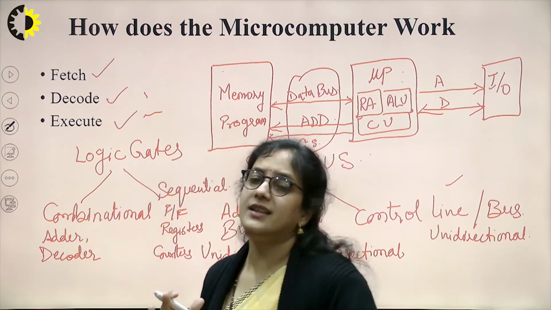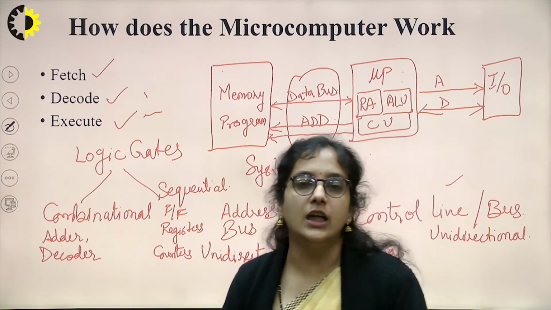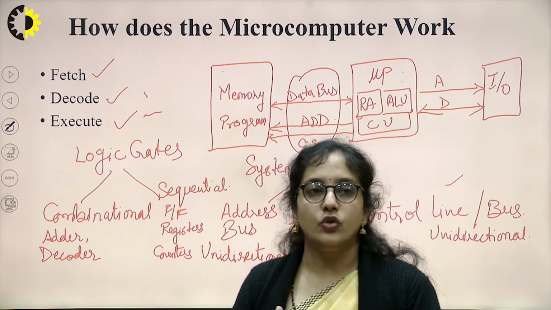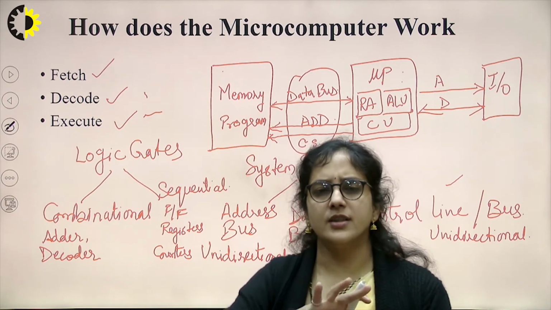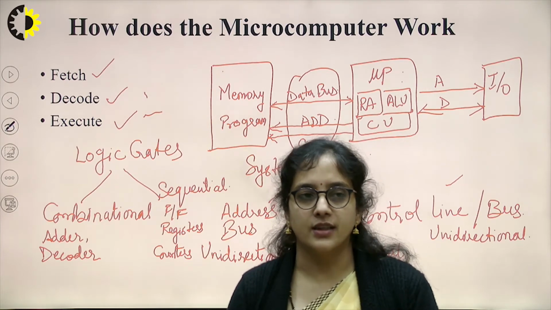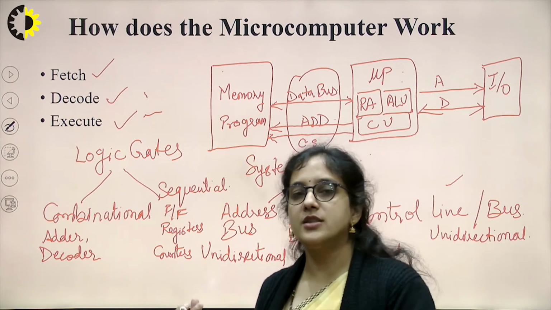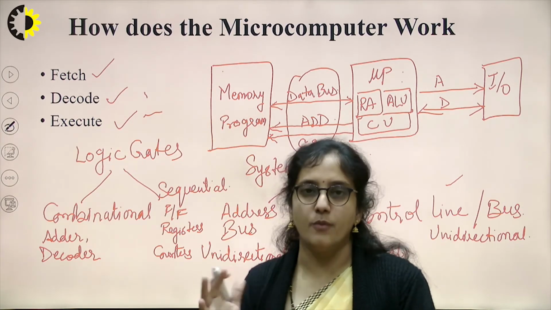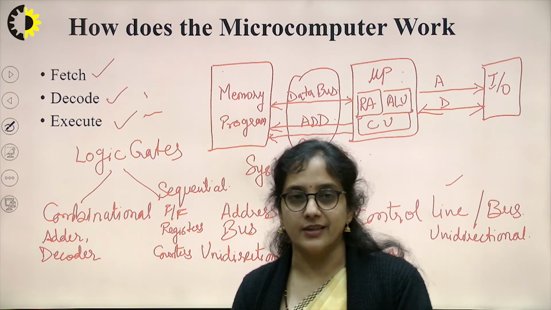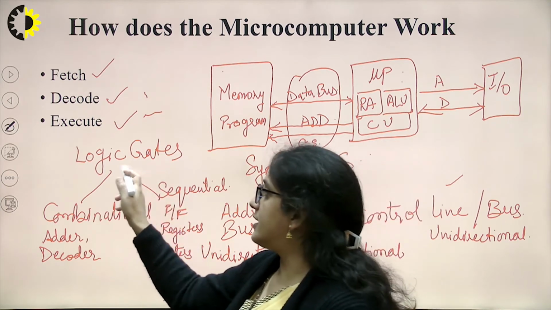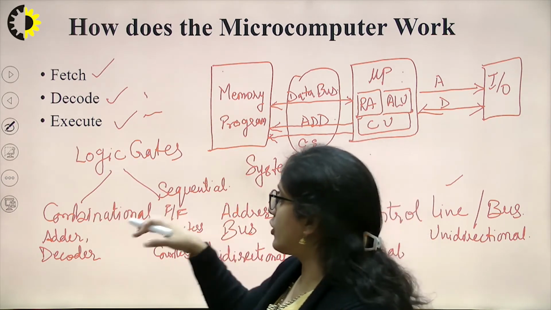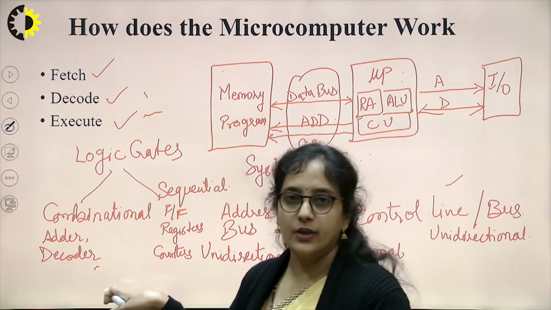So you can see that if you go into the internal architecture of your microprocessor, it has all these circuits, whether it is adder circuitry or decoder circuitry, registers, flip-flops, counters. It is a combination of all these digital circuits, and that's why we studied logic gates. If you have a clear concept of logic gates, then we can apply this concept to adders and decoders.